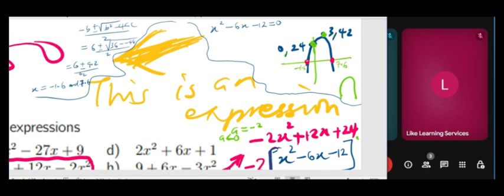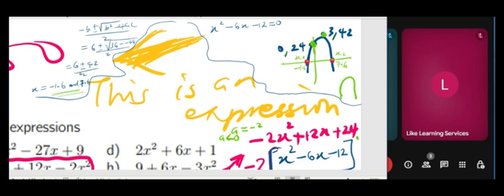The x values for the roots, this minus 1.6, that's x1 and x2 here, the two roots.